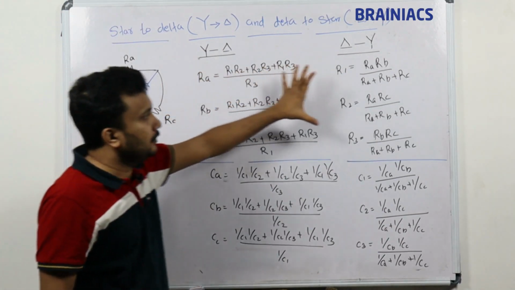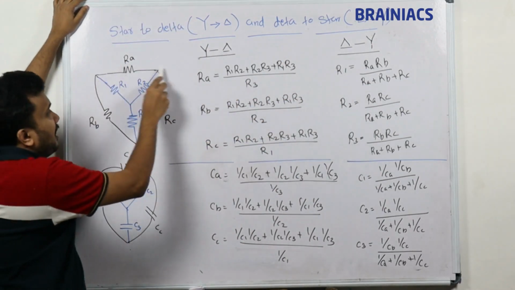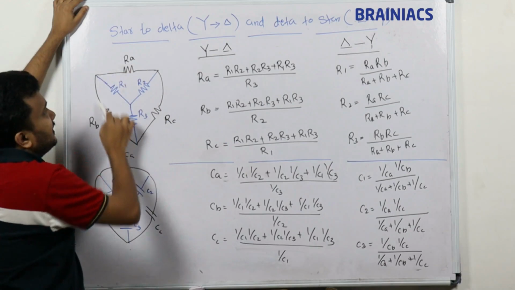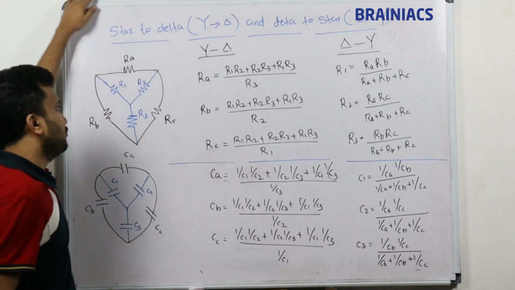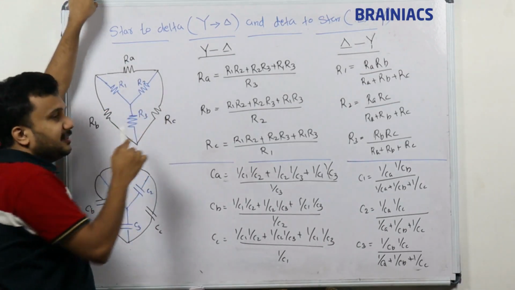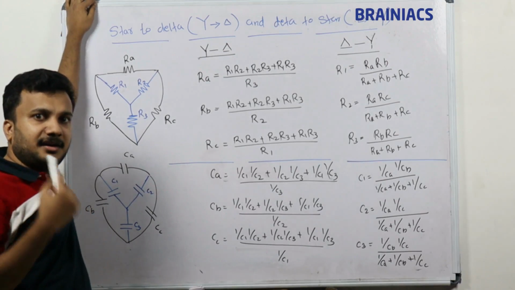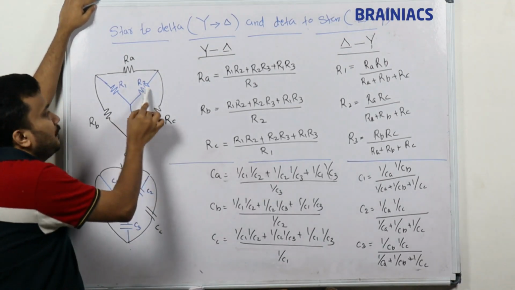Next we will go to this part, the delta to star network. Delta to star network means if RA, RB and RC are given, the triangle is given, you need to convert it into a Y structure. Y structure means R1, R2, R3. Suppose RA, RB, RC is given, how can you find R1, R2, R3?